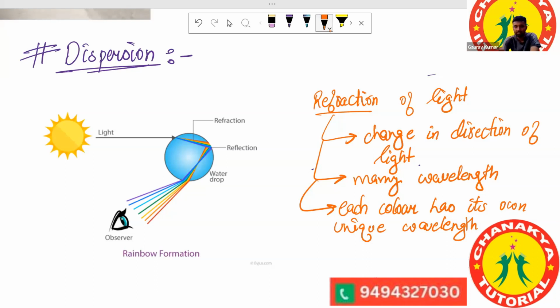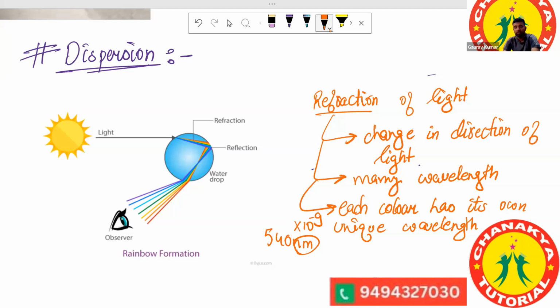So let's say there is 540 nanometer, okay, this is the unit of wavelength. We say it in the digits of 10 to the power minus 9. If any color has 540 nanometer, there won't exist any other color with a wavelength of 540 nanometer. That 540 nanometer will represent only one color.